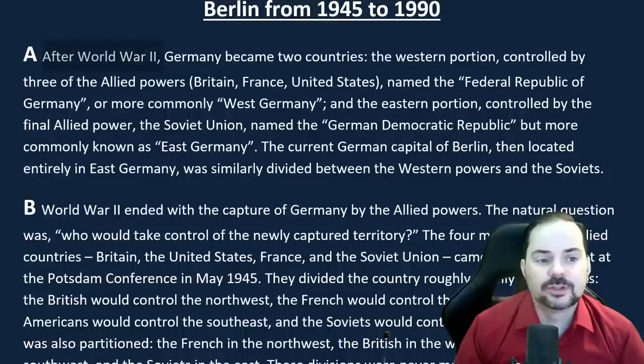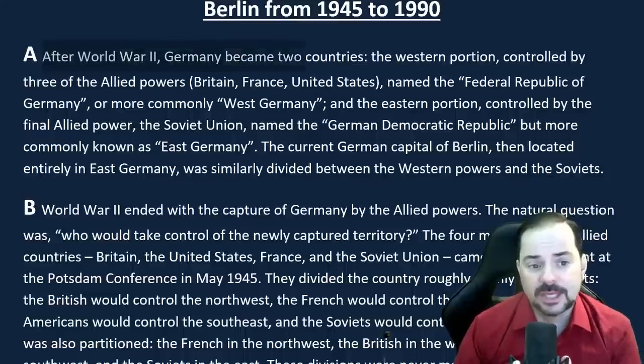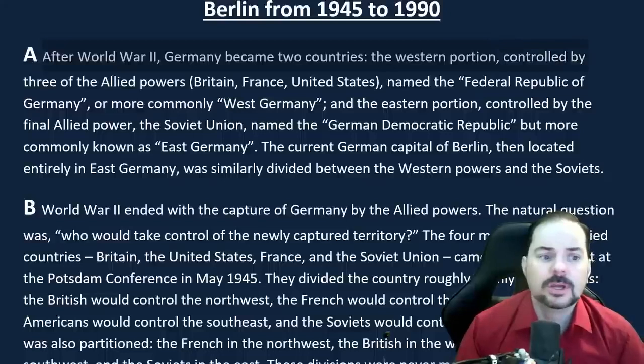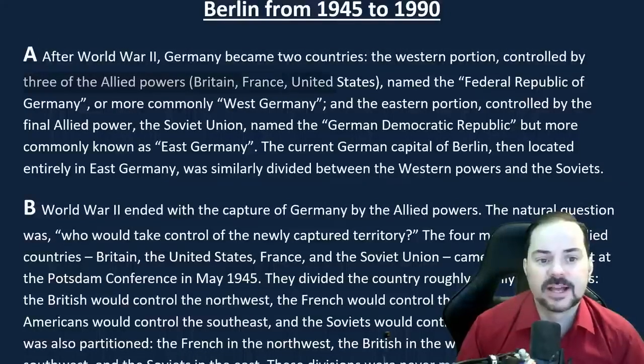After World War II, Germany became two countries. The western portion, controlled by three of the Allied powers, Britain, France, United States, named the Federal Republic of Germany, or more commonly, West Germany.